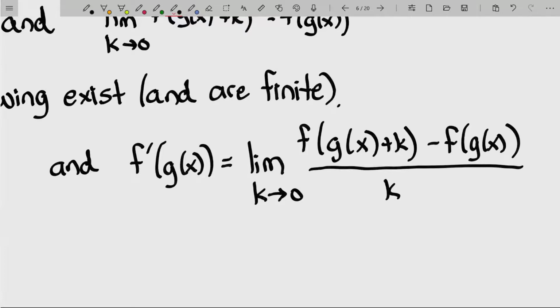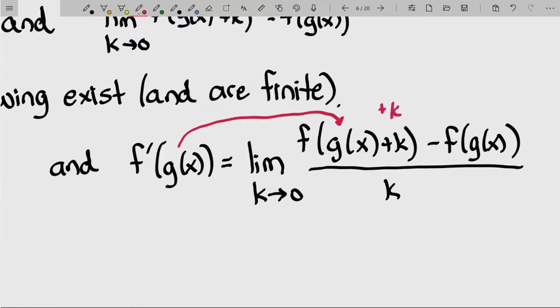approaching 0, I just used k here, of f of its argument plus k. A lot of people want to know, why isn't this g of x plus k? It's not g of x plus k. It's actually f of the argument plus k. Wrong argument. It's f of this argument and then plus k.